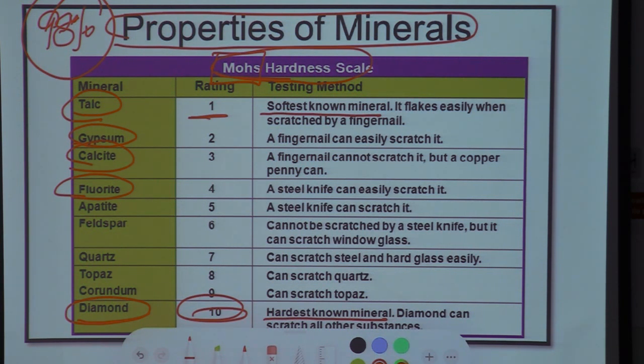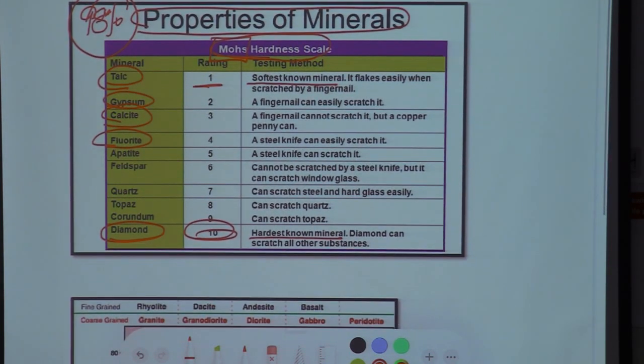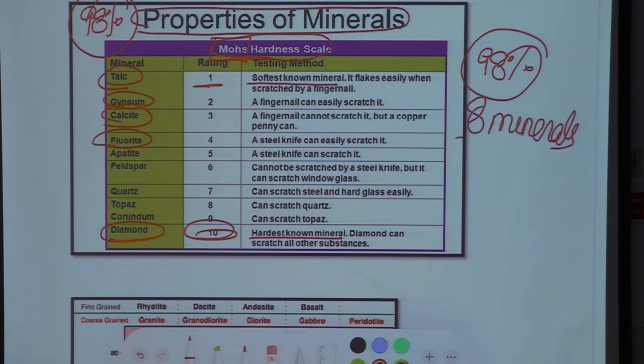What is the range of the Mohs hardness scale? It is 1 to 10. The point you have to notice is that every time I repeat these constituents, I am giving myself the understanding of how I'll prepare. So I have learned 98% with 8 minerals. I have learned that all 8 minerals are identified with 10 types of physical characteristics.